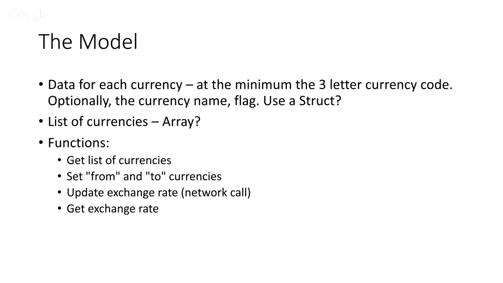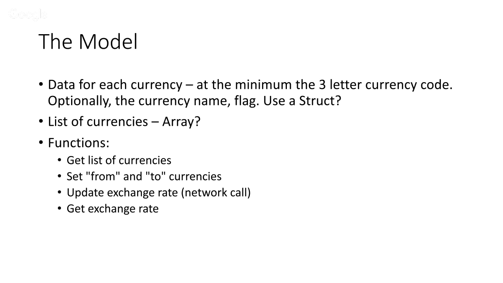What are the functions? It says right there actually. You can just read off and tell me the answers. So this controller will say, get me the list of currencies, so it can build this. So either we have a function called get list, or we can just return this object. Either possibility exists. We need to be able to set the from and to currencies.